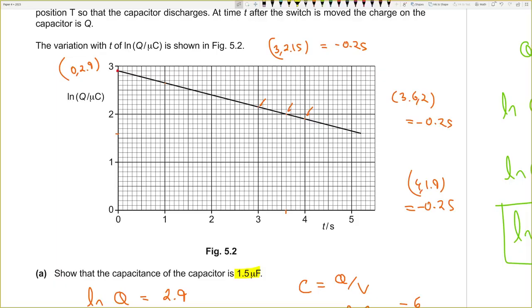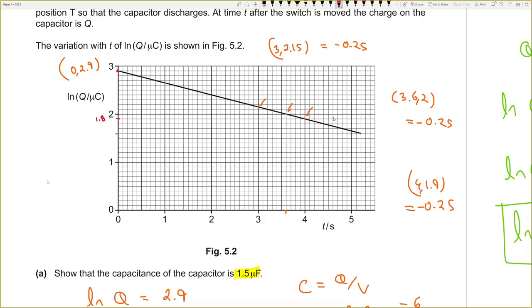The intercept was 0, 2.9. And if you look at other values, what can you figure out? They talked about a certain value in this graph. They use this value essentially. We know that it was 1.8 at 0.9.